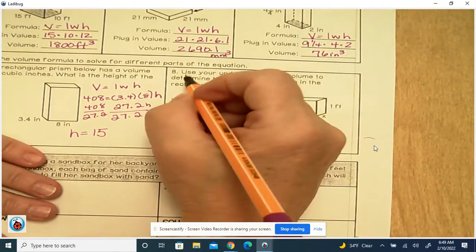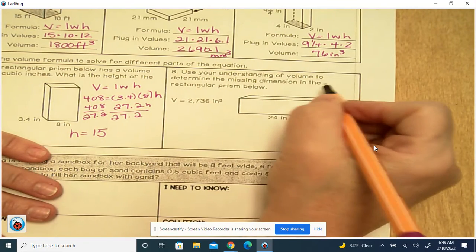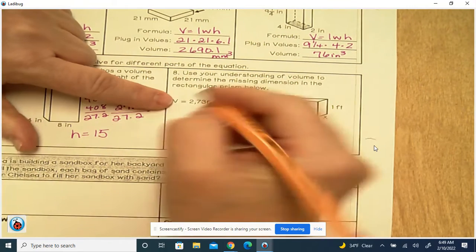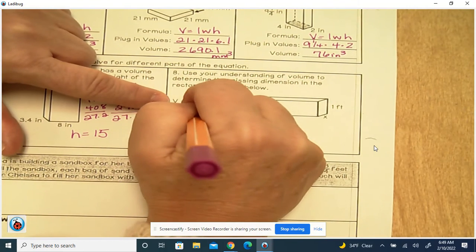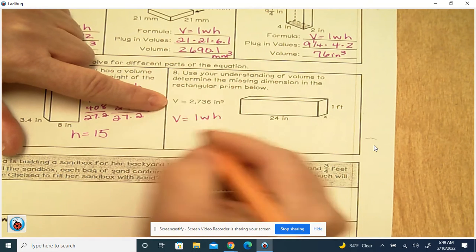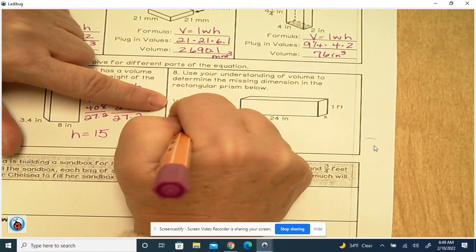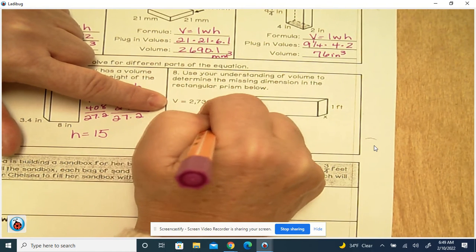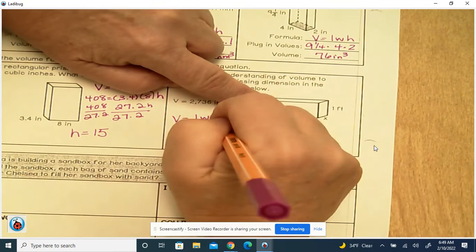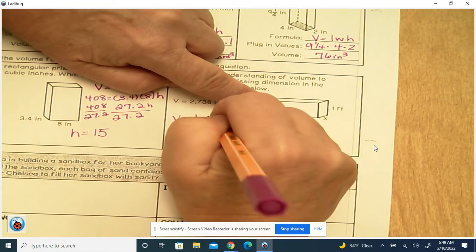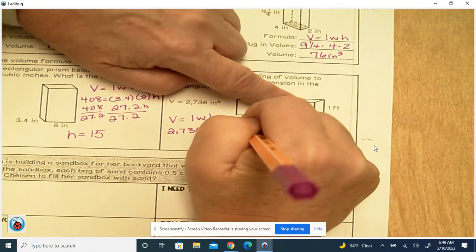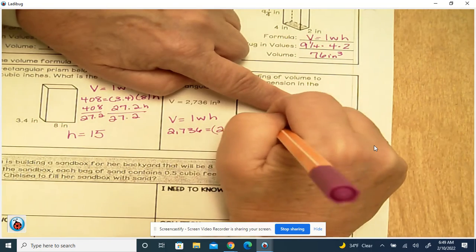Use your understanding of volume to determine the missing dimension in the rectangular prism. So here we are again. We got volume equals the length times the width times the height. The volume is 2,736 equals, we've got the length is 24, then we have x, and then we have 1.